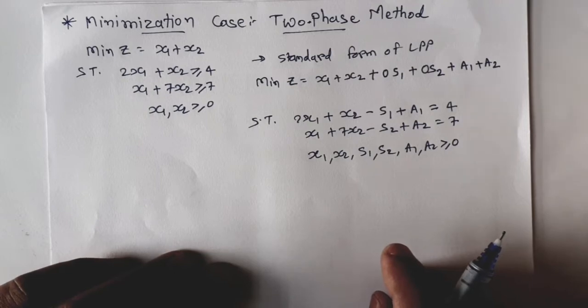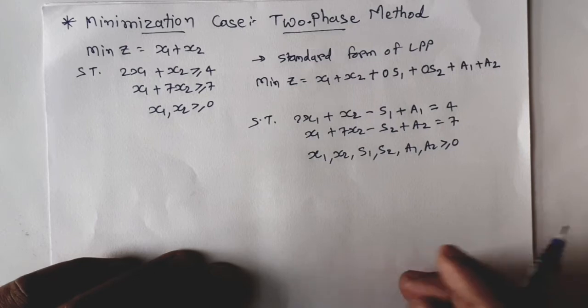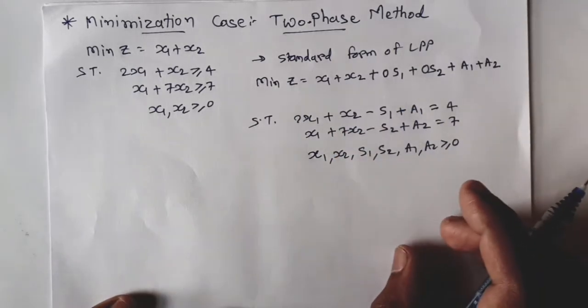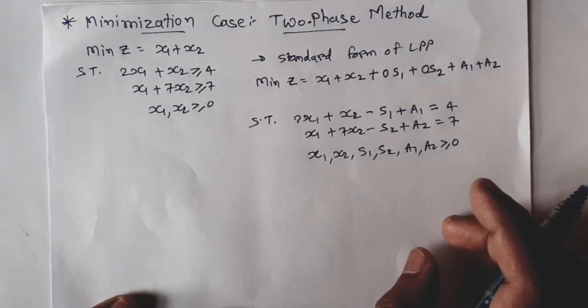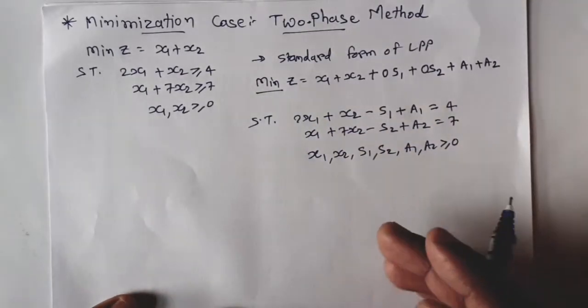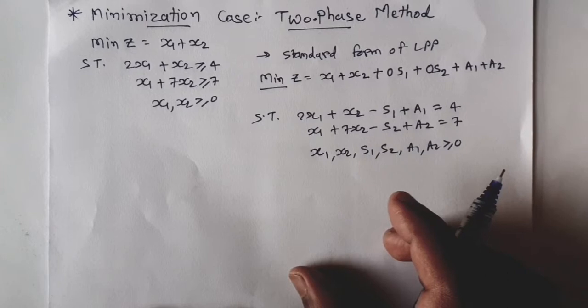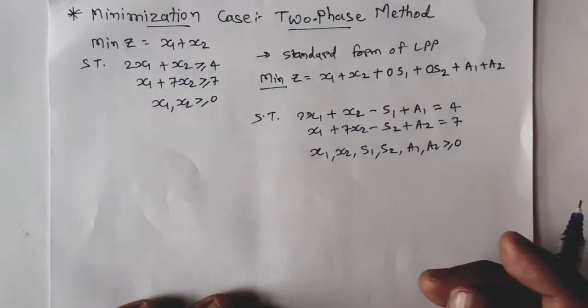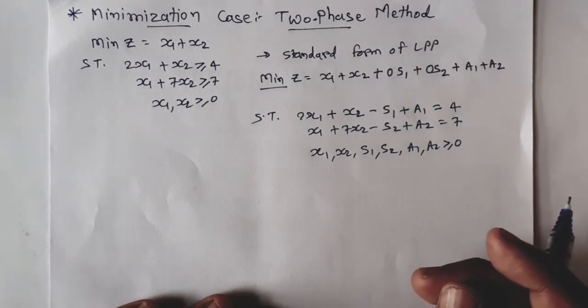But as we saw in the last lecture, a minimization problem should be converted into a maximization case to avoid confusion. There is no thumb rule that you have to convert, and you may go with the minimization case, but if you convert it into maximization, it will help you to understand and remember, because you have to remember only one condition, the optimality condition: Cj minus Zj less than or equal to 0.